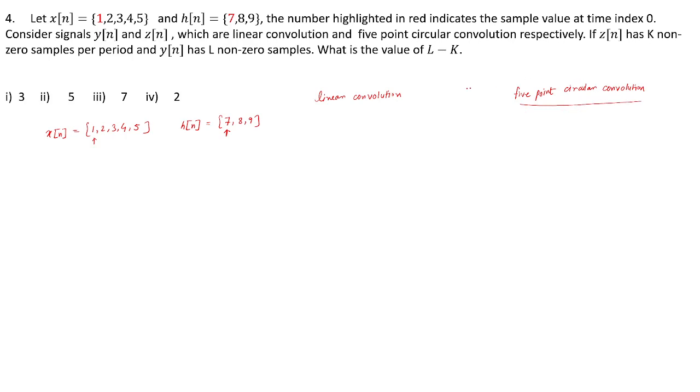The linear convolution is represented by y of n, which we obtain by linearly convolving xn with hn, whereas the circular convolution is represented by zn, which we obtain by convolving xn and hn in a circular manner. Now notice the difference between the notations.